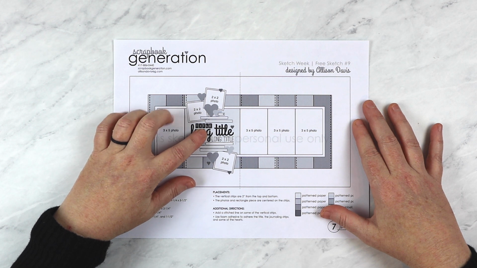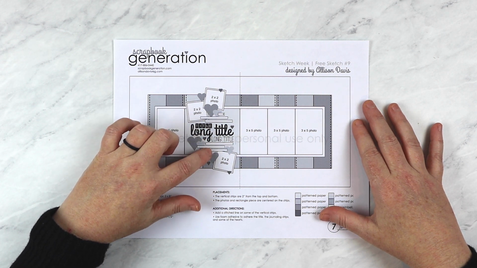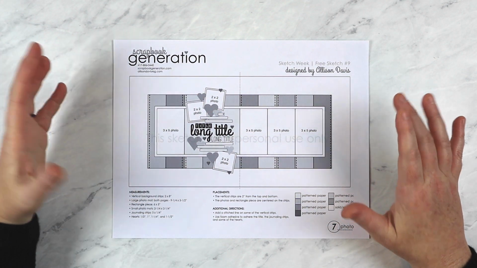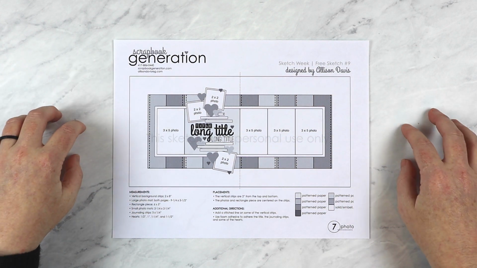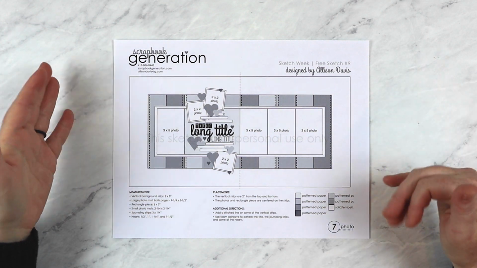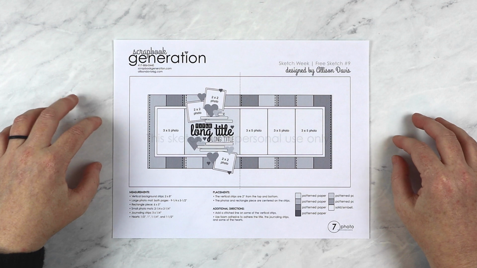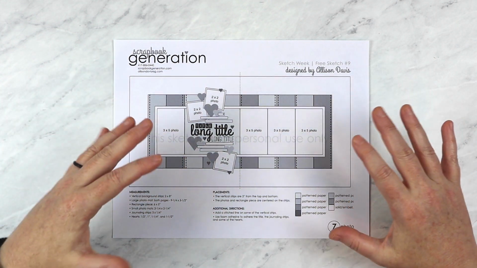The rectangle piece is used to highlight the title, the journaling, and a few smaller photos. This is also the only area on the sketch where there are embellishments. When you have a background made up of multiple strips in multiple colors and multiple patterns, you have to be careful that it doesn't become too overwhelming if you start adding in lots of embellishments on top of that.